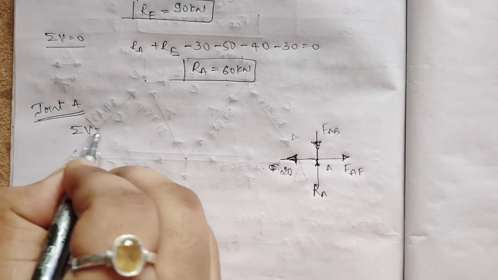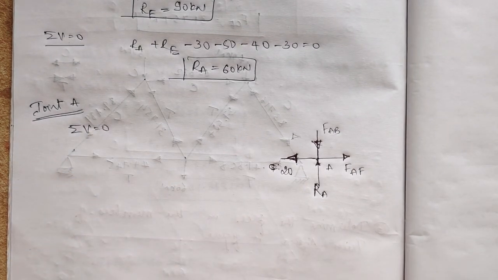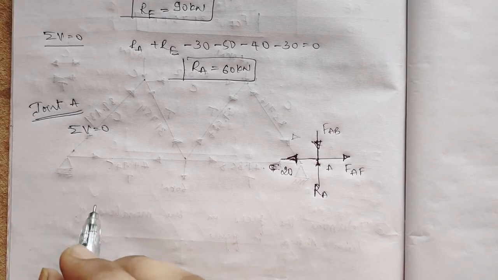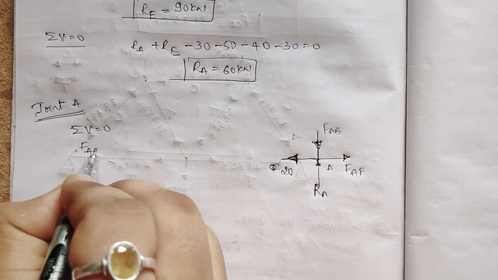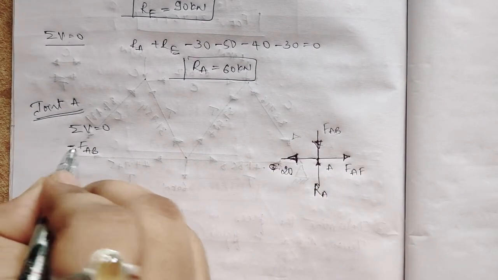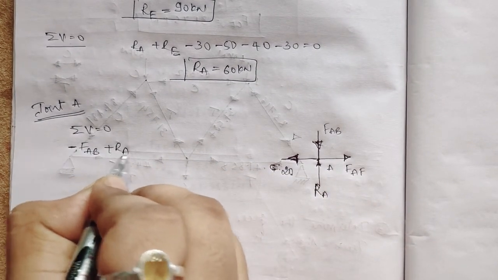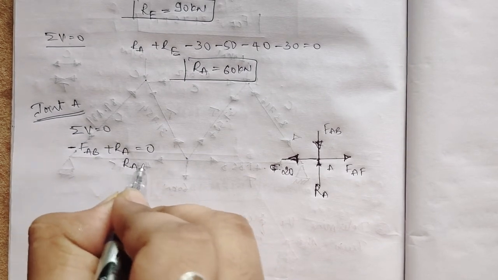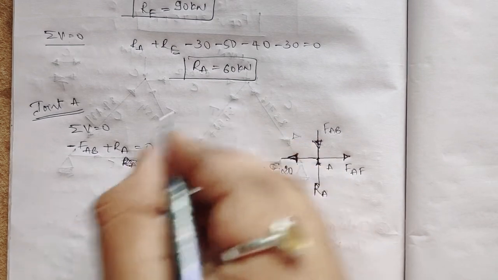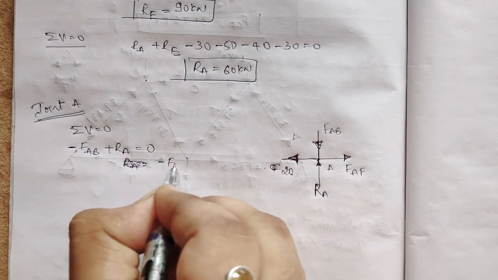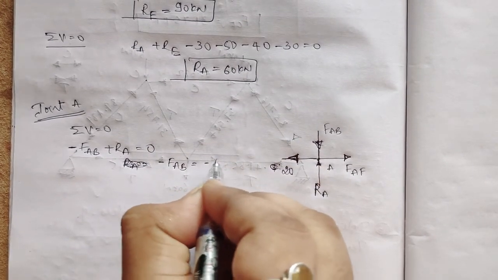Summation of vertical forces equal to 0. I'll directly write the forces now. Minus FAB plus RA is equal to 0. I know RA, so minus FAB is equal to minus RA.